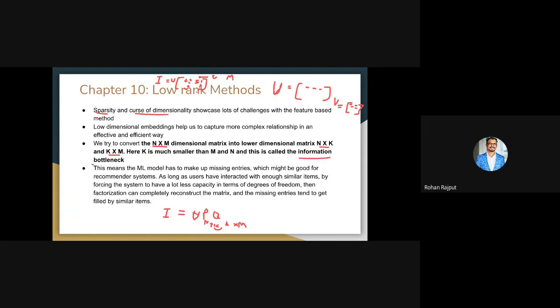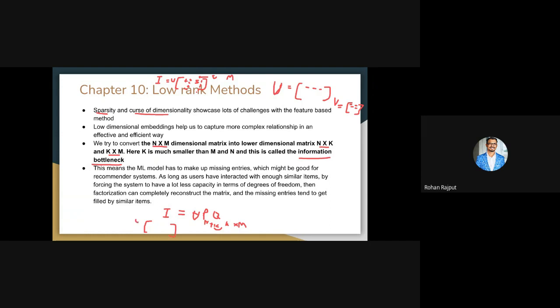This information bottleneck helps us recreate the original matrix when we multiply these low-rank matrices. But during that reconstruction, because of the limited capacity and degrees of freedom of these two matrices, we can actually fill in the missing entries of the matrix.